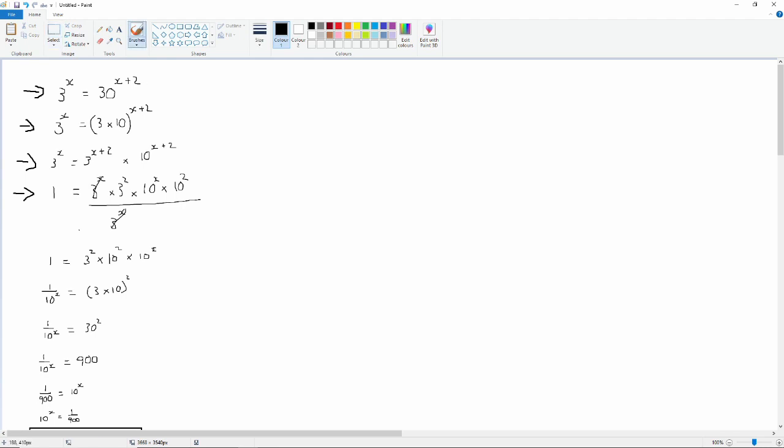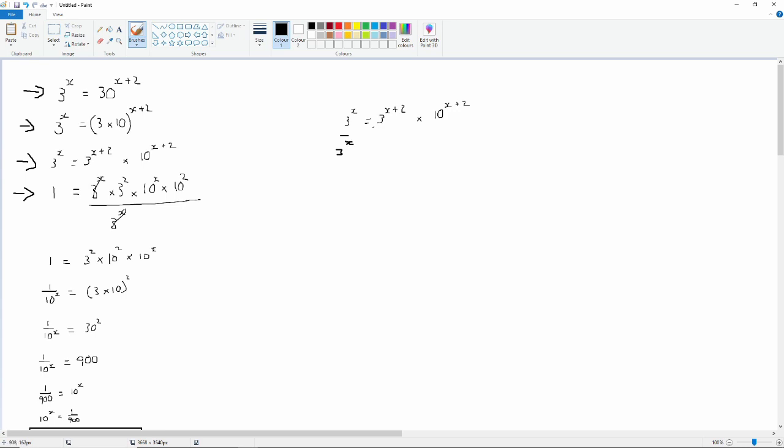Okay, so all I've done on this line is I've divided everything by 3 to the power x. Let's start with the line above, which we just explained. And now I'm just going to divide this by 3 to the power x.